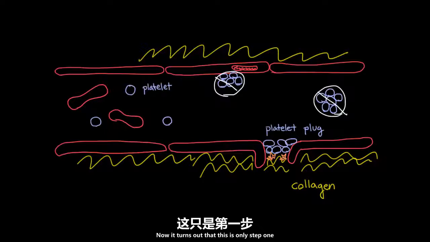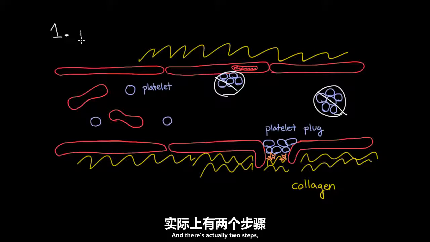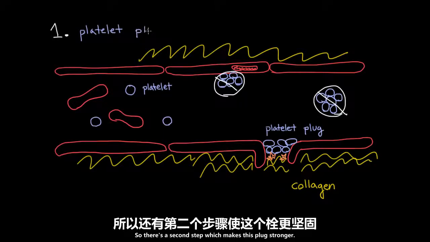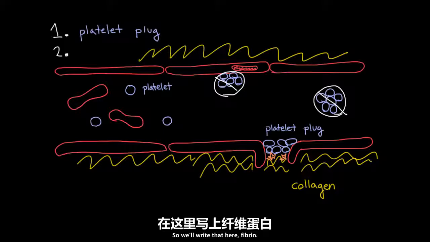Now it turns out that this is only step one of the clotting mechanism of your body. So up here we'll put number 1, platelet plug. And there's actually 2 steps because the platelet plug itself is not quite as strong as we would like it to be. So there's a second step which makes this plug stronger. And that second step involves something called fibrin.